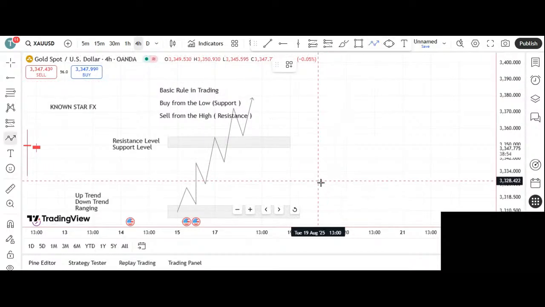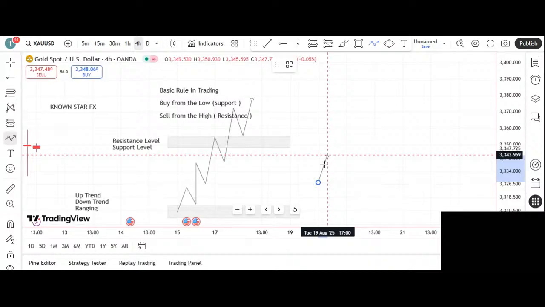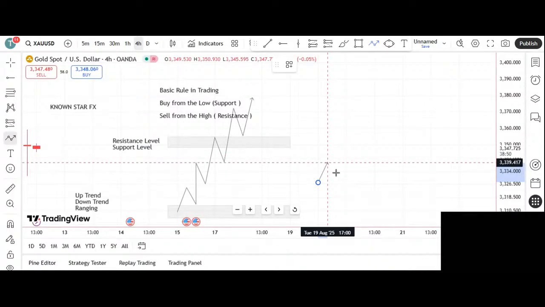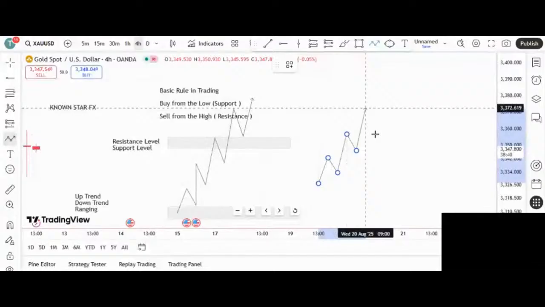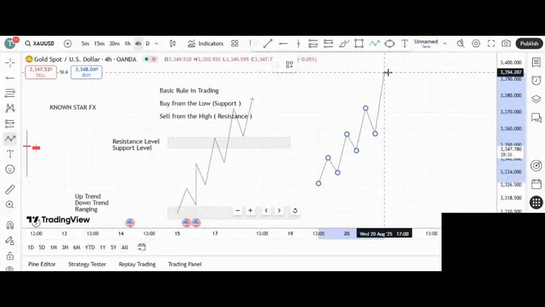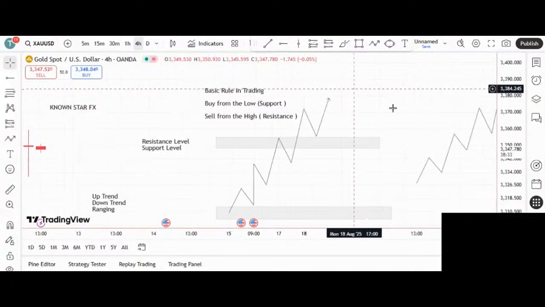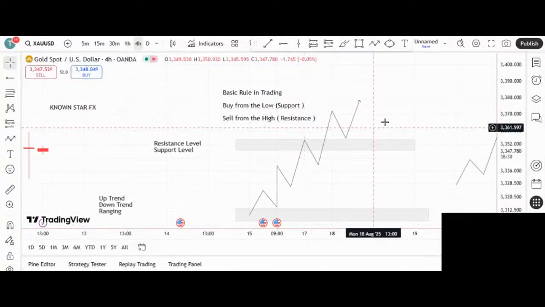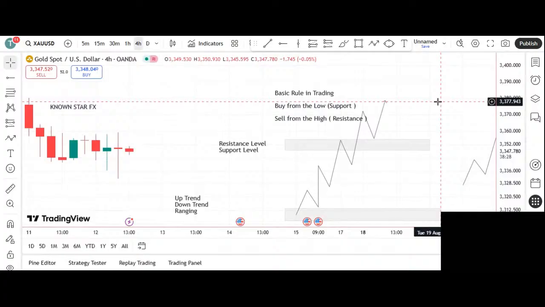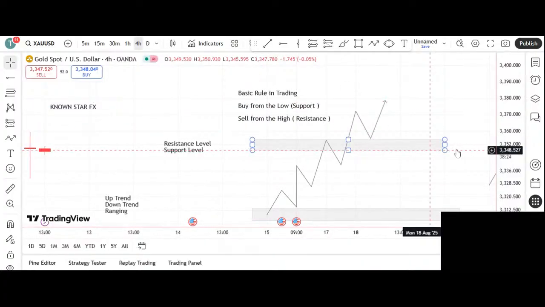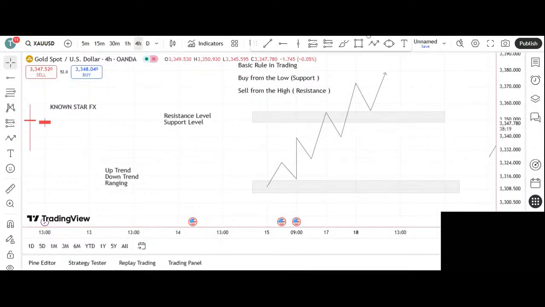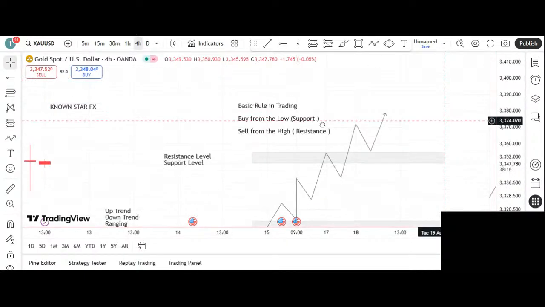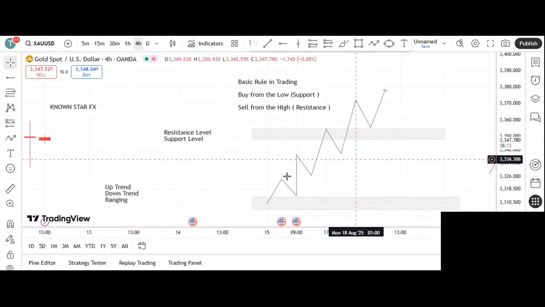The market is going this way. Let me use this one for example.